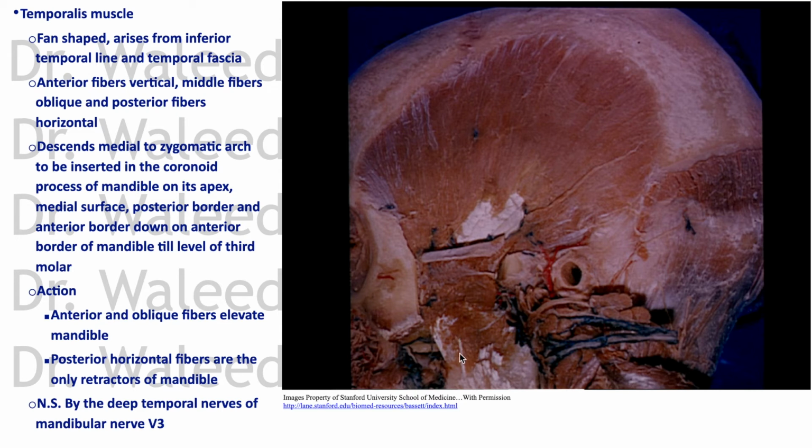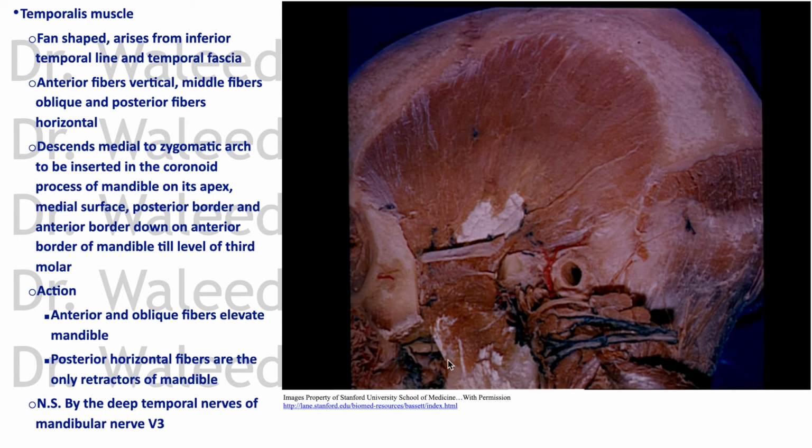Second, just out of curiosity to appreciate the design here, it converges to the coronoid process of the mandible, attaches to the apex, posterior border, anterior border of coronoid process, medial surface of coronoid process, so I didn't mention the lateral surface, okay, and extends down with the anterior border of mandible until it may reach the back area behind the third molar. See, it can go down till the level of the third molar.